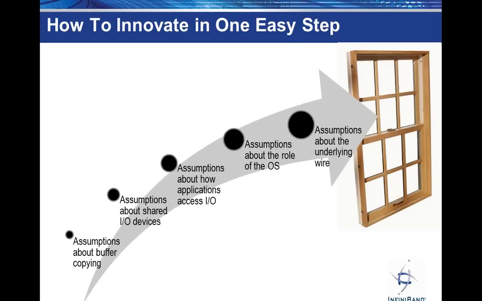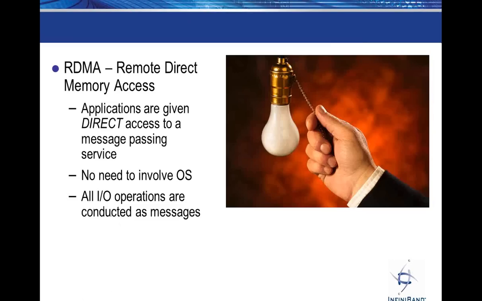The result of all this was a really new way of thinking about I/O called remote direct memory access. So the whole point behind remote direct memory access is that applications are given direct access to what you really might think of as a message passing service. This is really advantageous to an application, since the lingua franca, if you will, of application communication really turns out to be messages.